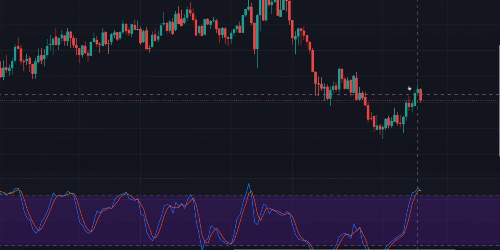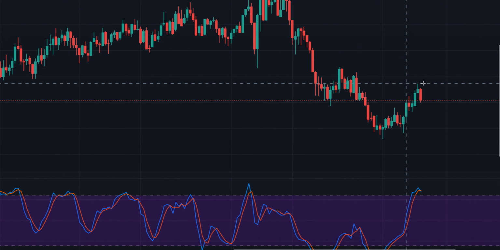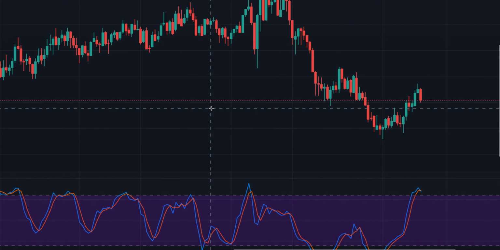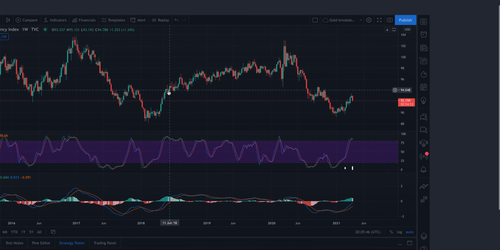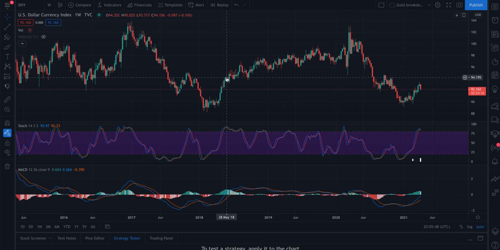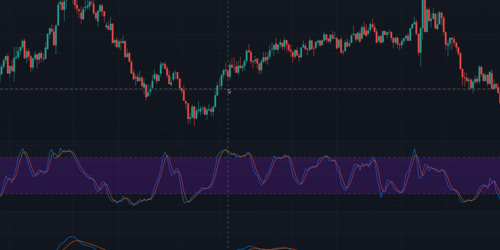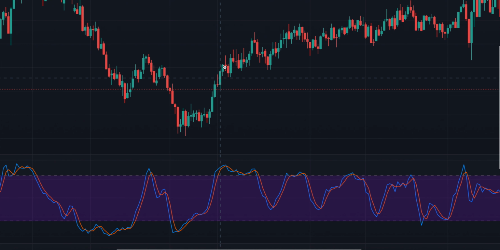The evening star in the weekly time frame is by itself extremely bearish, yet it happened before, right here in last year. It happened May 21st, 2018. We had similar action.